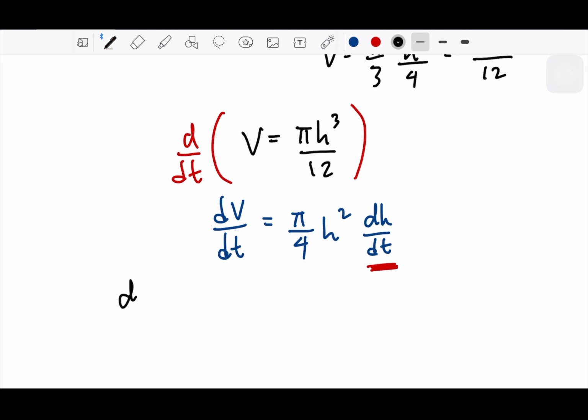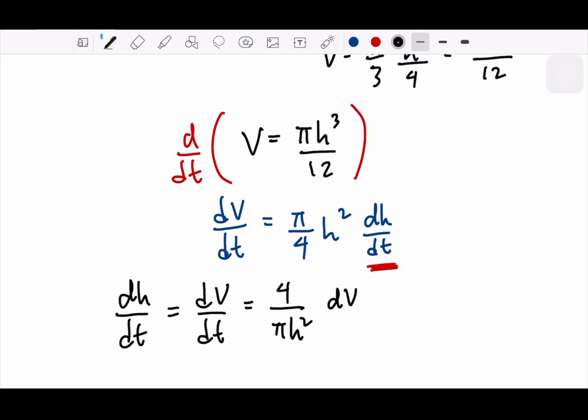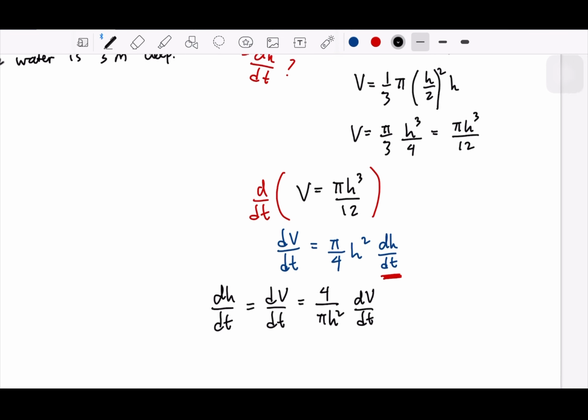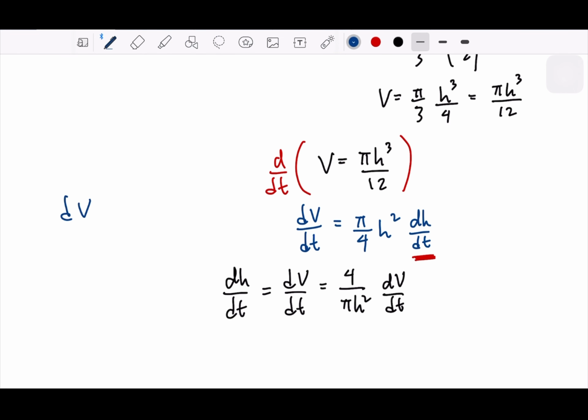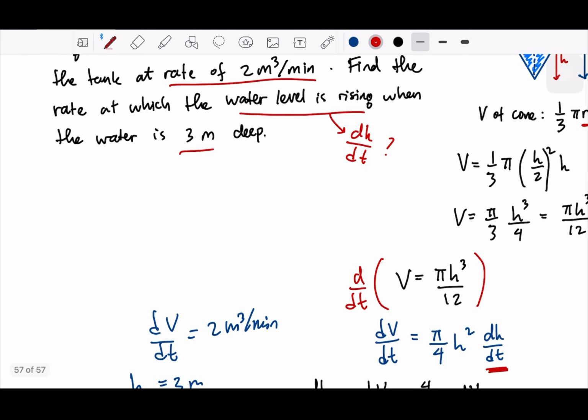So we can write dh over dt is 4 over pi h squared times dv over dt. And we know that dv over dt is 2 meter cubed per minute, and h is 3 meters.